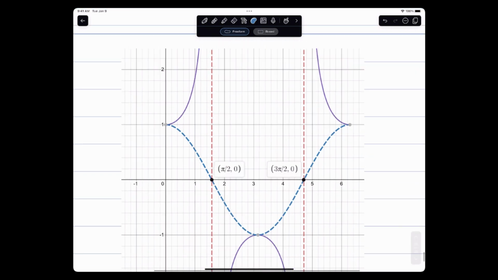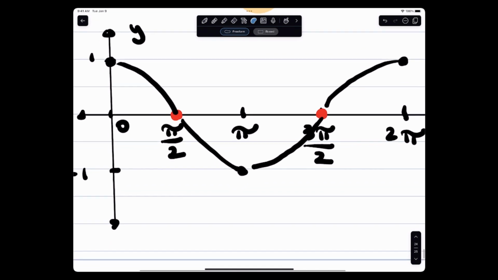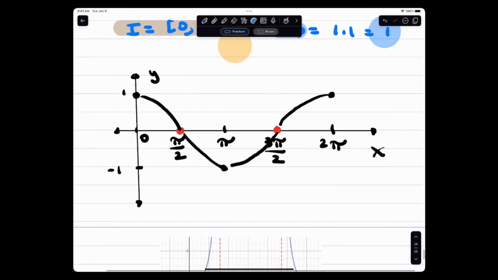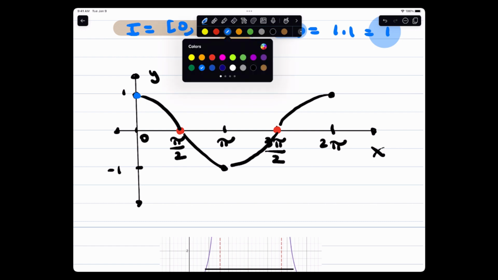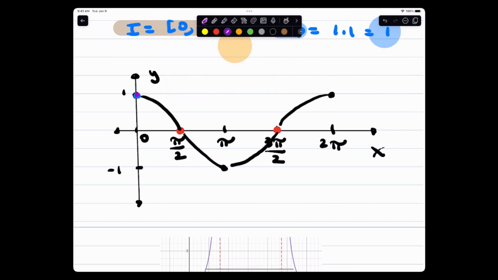If I said to you, in cosine, your maximum value is 1. Would you guys agree with that? What's the reciprocal of 1? 1. So that point is on the secant curve.